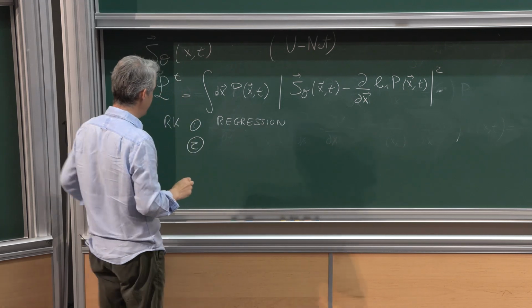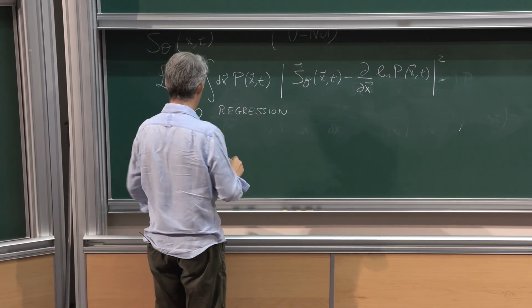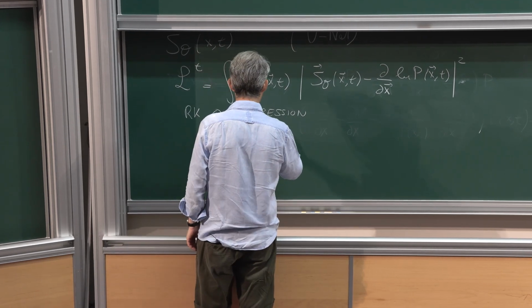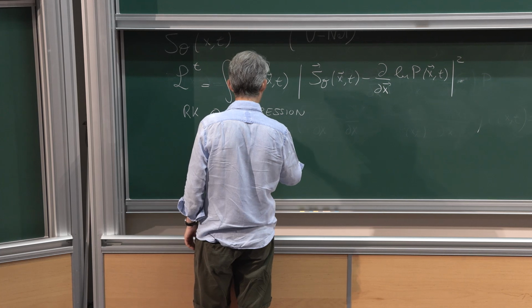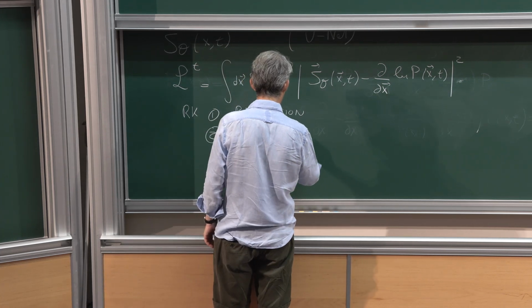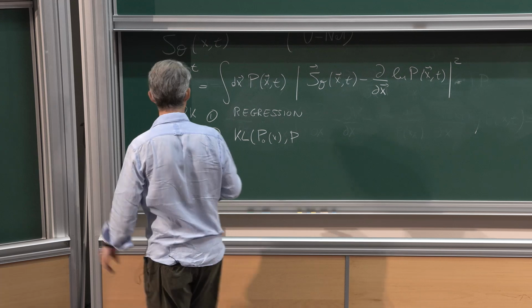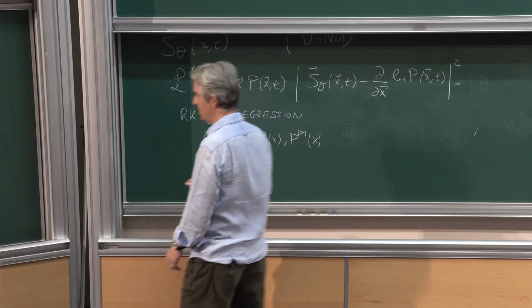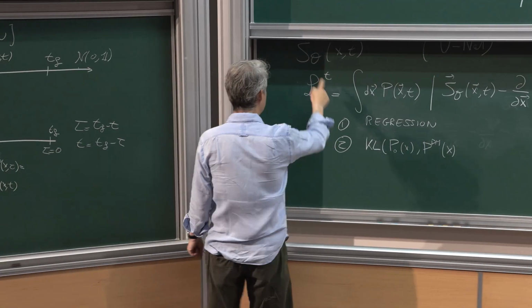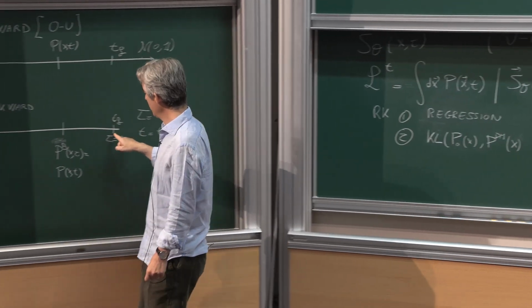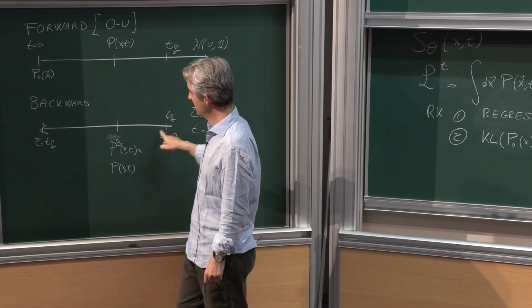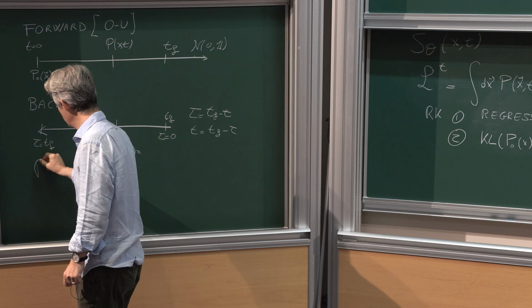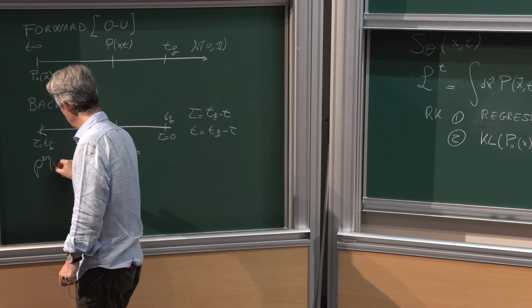The other thing is that there is a bound, which I will not describe, on the Kullback-Leibler distance between the probability P0 of x and the probability that you get with the diffusion model. It means that if I use this s_theta, start from p_tF of x, and go back, I generate a probability distribution, which is going to be p_DM of x.